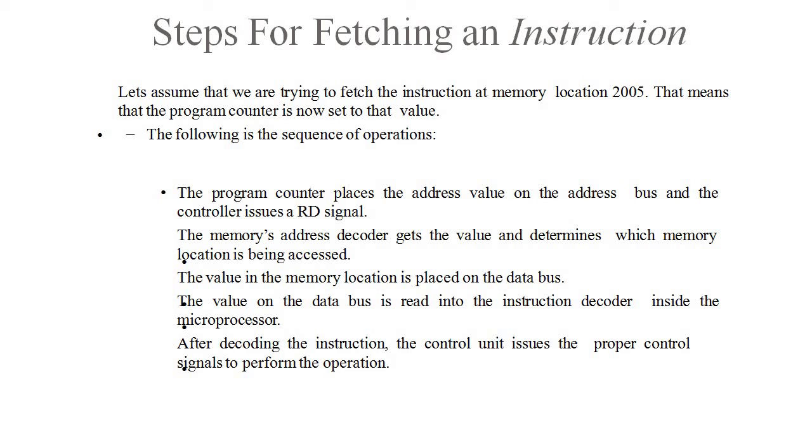The memory's address decoder gets the value and determines which memory location is being accessed. Then the value of the memory location is placed on the data bus. Then the value on the data bus is read into the instruction decoder inside the microprocessor. Finally, after decoding the instruction, the control unit issues the proper control signals to perform the operation. So these are the steps for fetching an instruction for a microprocessor.